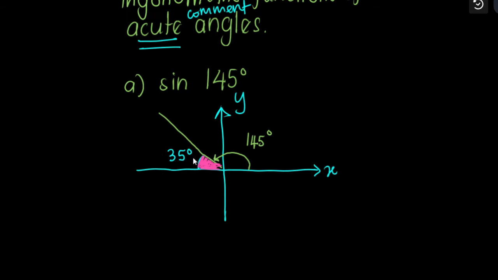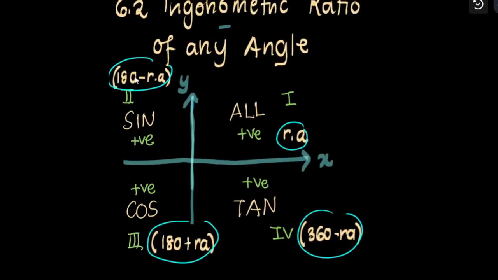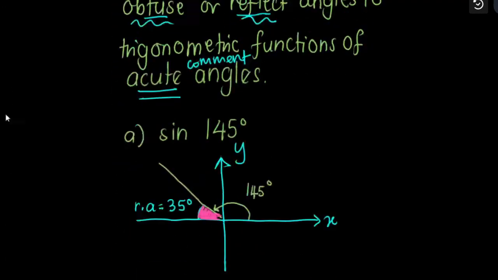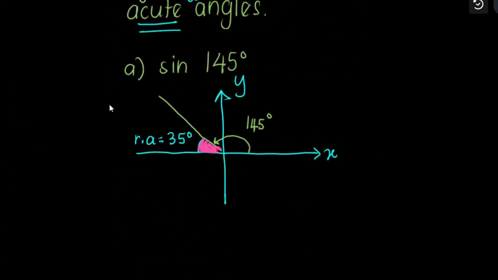This 35 degrees is called the reference angle, because we just took 180 minus 145. So you get the reference angle. Now this is sine, right? So you write sine 145, and you can convert it to make it equal to sine 35.